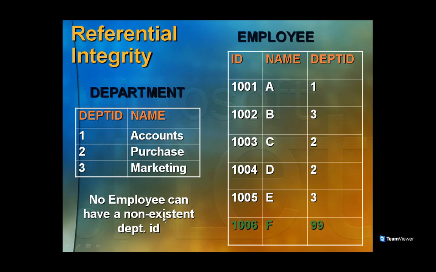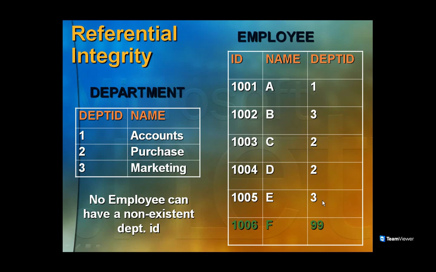The question: what happens if the department ID changes? One became double one, two became double two, three became double three. Now you will have a mismatch, since the department ID here and here does not match. Or what happens if one row is deleted here? Say marketing is deleted here. What happened to this three and this three?